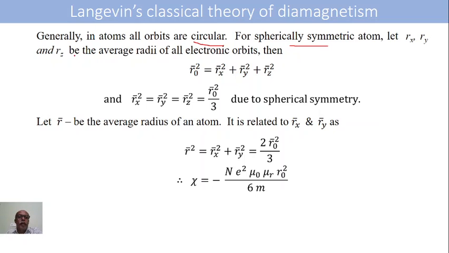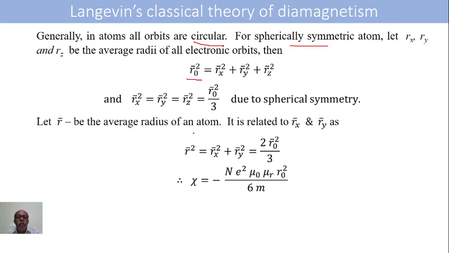Therefore, the average radius of the orbit is r naught square is equal to rx square plus ry square plus rz square. Usually in case of spherical symmetry, rx square will be equal to ry square, equal to rz square, because of the symmetry, and that will therefore be equal to r naught square by 3.